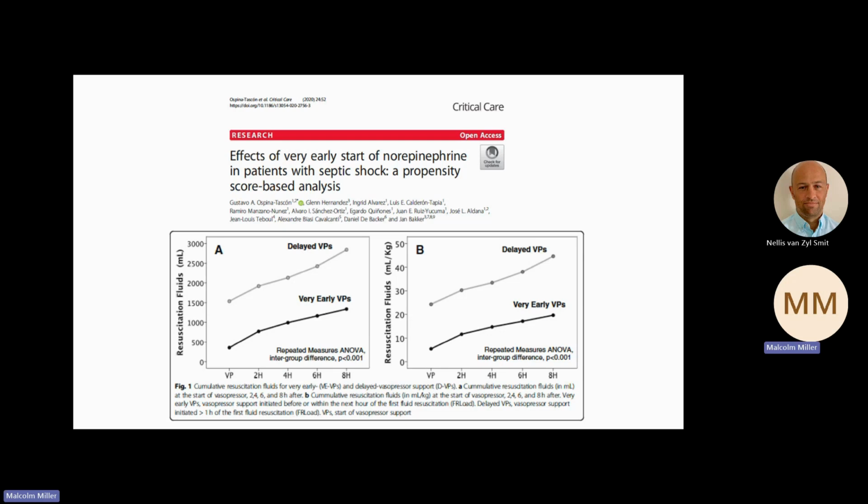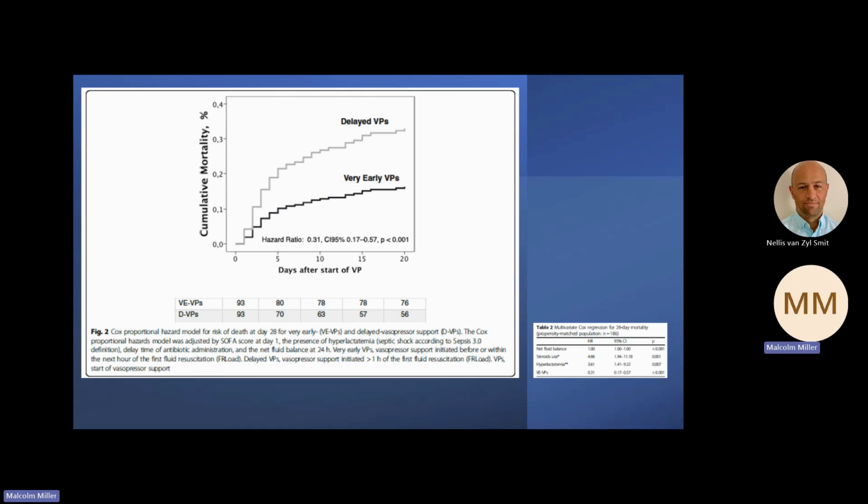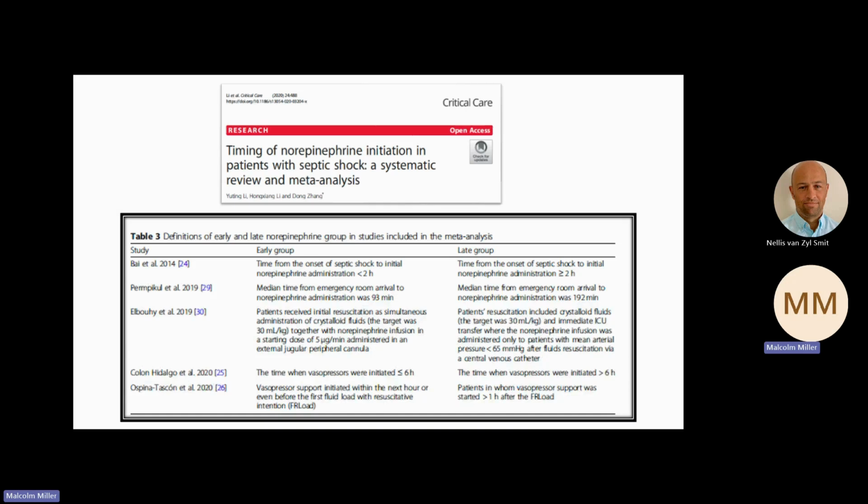And noradrenaline almost achieves the same bang for your buck as giving patients fluid. And in this very underpowered study, the outcomes were much better when vasopressors were used early compared to late.